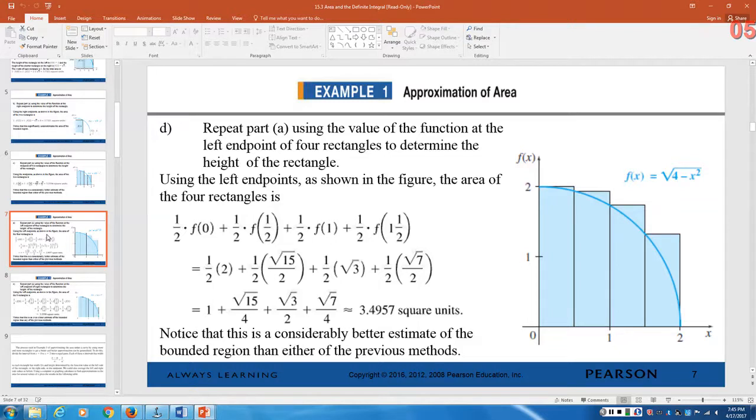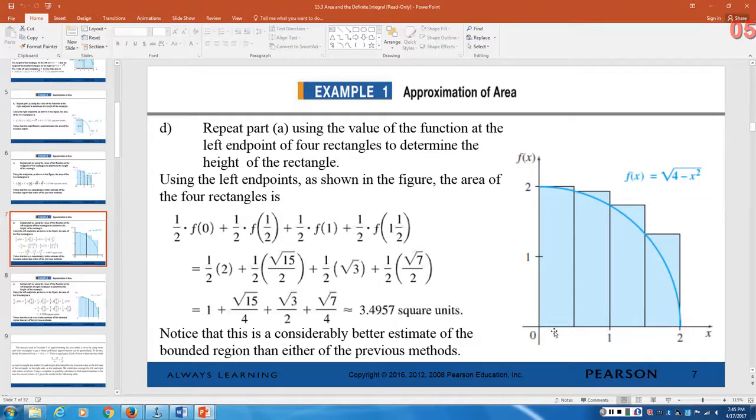Now the other thing I could do is the same idea. I could actually split it and make 4 rectangles out of it. But if I align them at the left endpoints, what happens is that I have 4 rectangles, all of which are 1/2 unit wide.